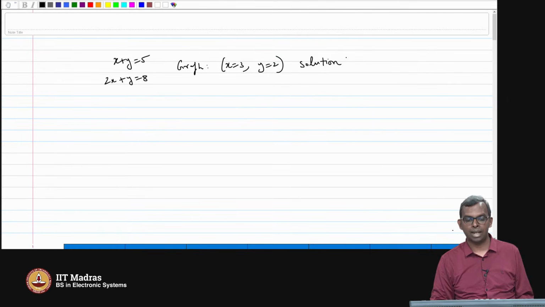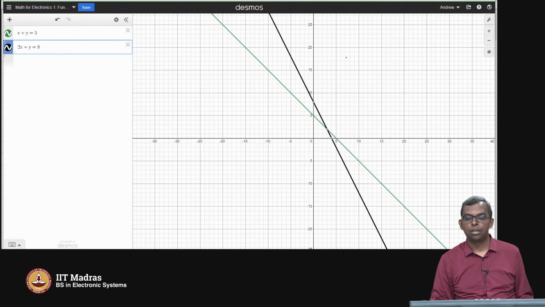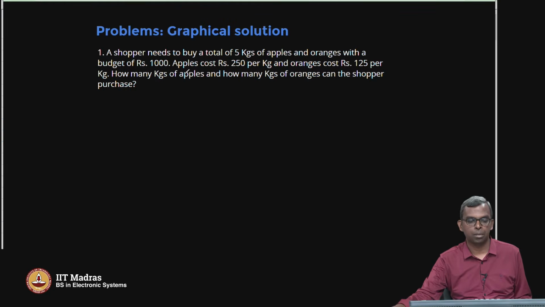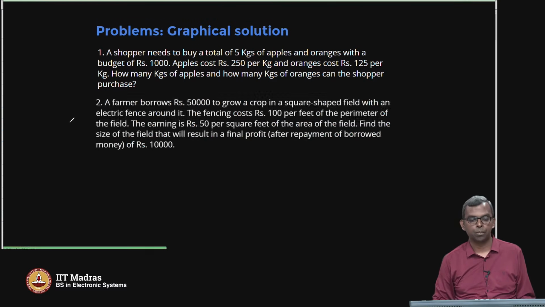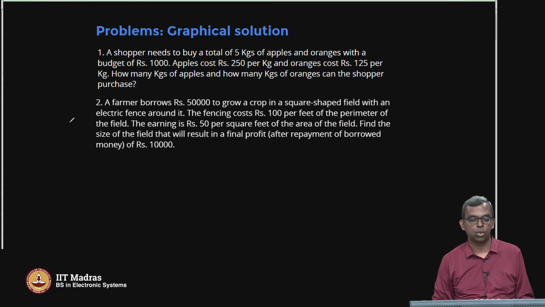We are able to visualize that and get to the answer. So you see how this graphical technique helps. This is an invaluable technique in all of your problem solving capability. Here we have done a very simple graphical solution. So he's going to get 3 kgs of apples and 2 kgs of oranges, and that gives you 100 in cost, and that also gives you 5 kgs total.